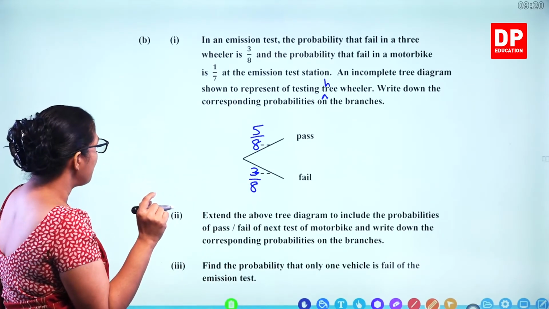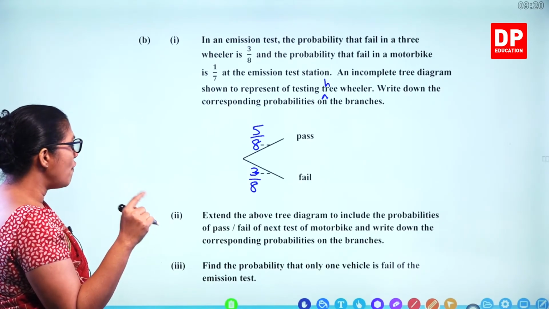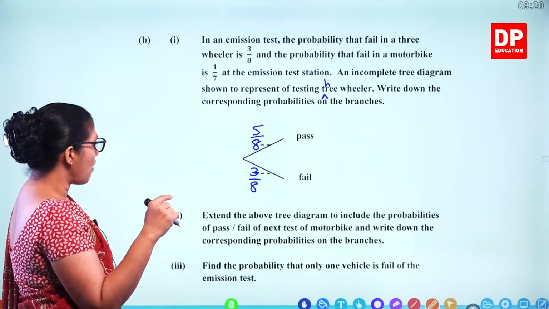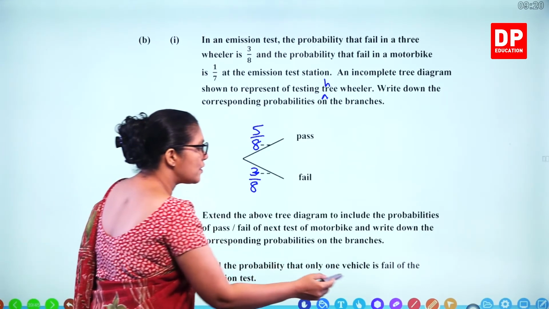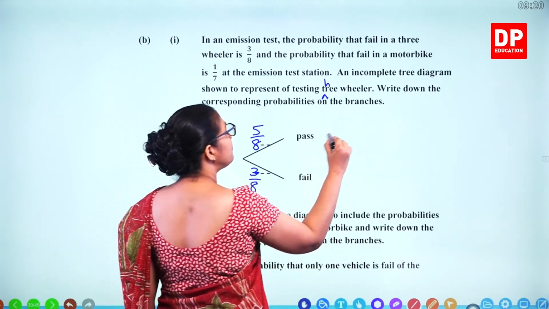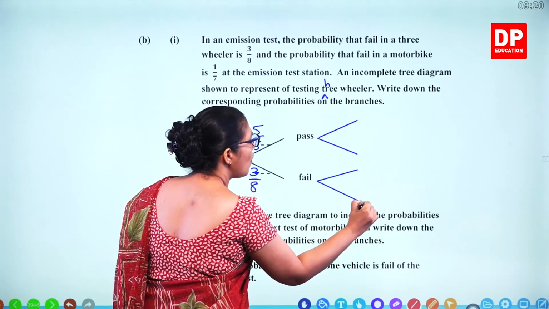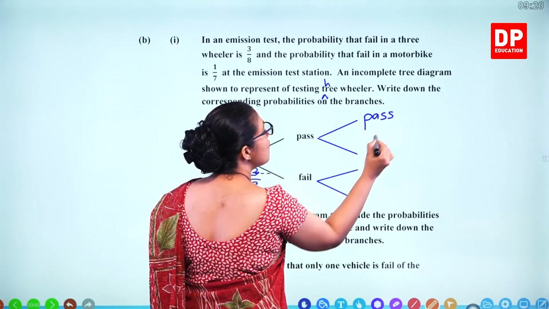That's the first step. Then extend the above tree diagram to include the probabilities of pass or fail of the next test of the motorbike and write down the corresponding probabilities on the branches. So what are the other 2 possibilities now? This is the motorbike, passing or failing. So you can write pass probability, fail.